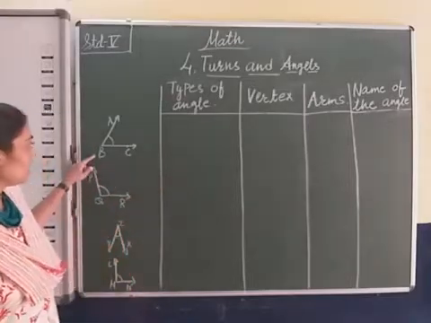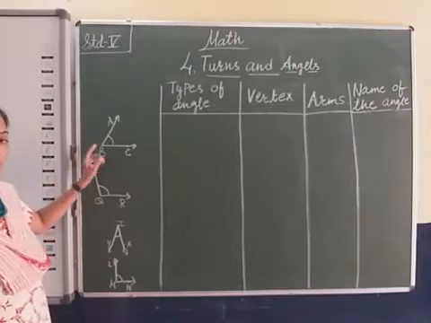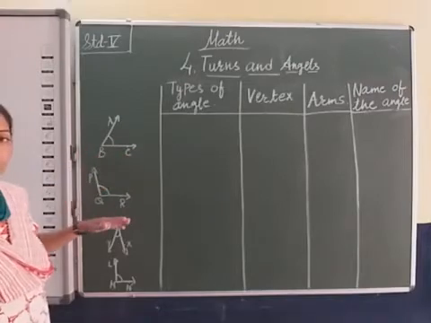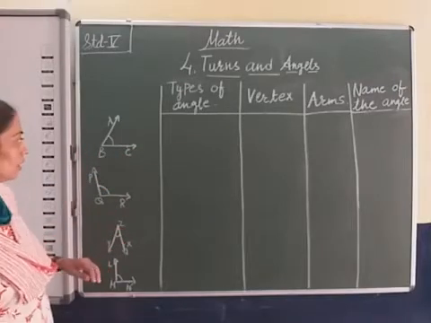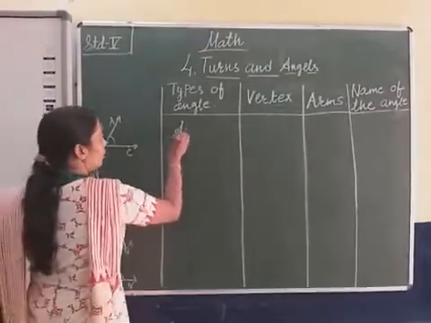So first we see this angle. This angle shows that it is less than 90 degree. So less than 90 degree is an acute angle. So we write here first the type of angle, acute.